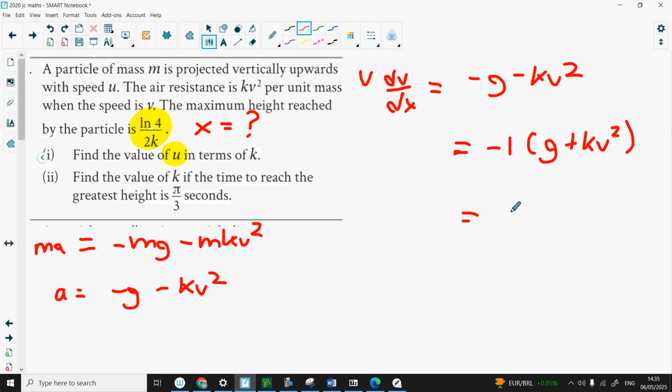I'm going to send over the dx this way, so it's going to be minus 1 dx, and on the other side it's going to be v over g plus kv squared. Who kept all their minuses? Let's go with that. Just wanted to remove the minus 1 out, it makes it easier.